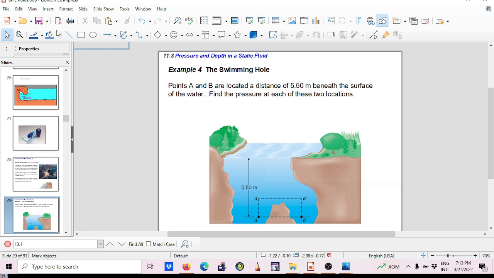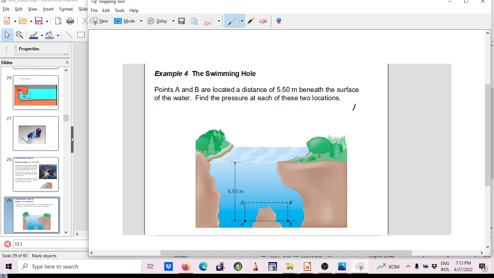If you are diving, you know that for each 10 meters you go down, you increase the pressure by 1 atmosphere. So it means at 10 meters, H equals 10 meters, the total pressure is going to be 2 atmospheres, right?